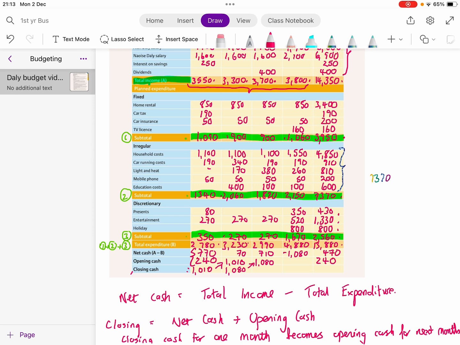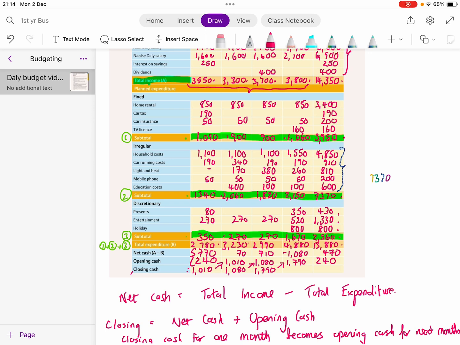Closing cash for 1 month becomes my opening cash for the next month. That's my 1,080. I'm adding on my net cash and I get 1,790. Closing cash for 1 month, you're going to get the drill, becomes the opening cash for the next month.